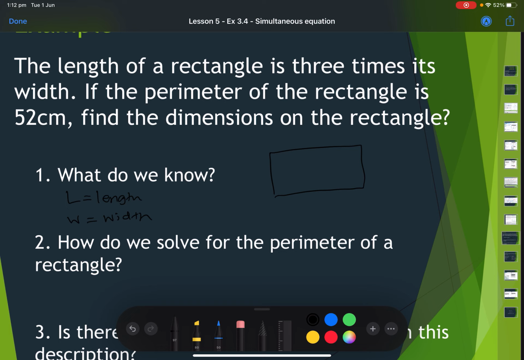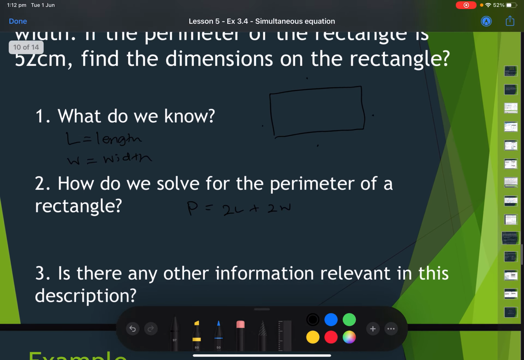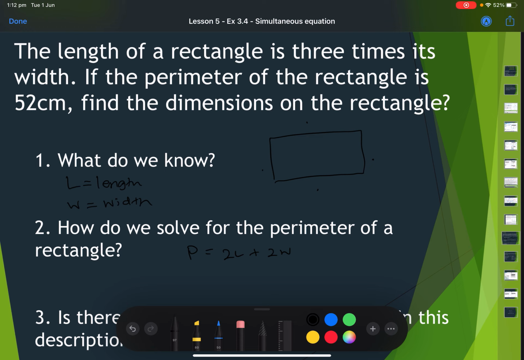So in order to solve the perimeter, okay, we know that perimeter is going to be this plus this plus this plus this. So 2L plus 2W. Okay, so in terms of figuring out the question, we need to be able to find the dimensions.